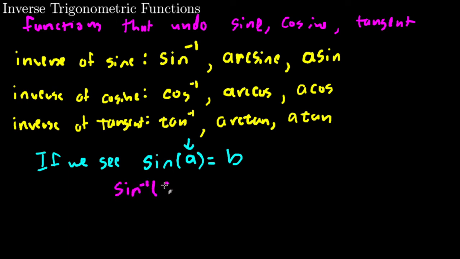So the inverse sine of the sine of A equals the inverse sine of B. And the reason I do that is the inverse sine and the sine will, so long as we're talking about angles in a right triangle, cancel out. And I will get A equals inverse sine of B.